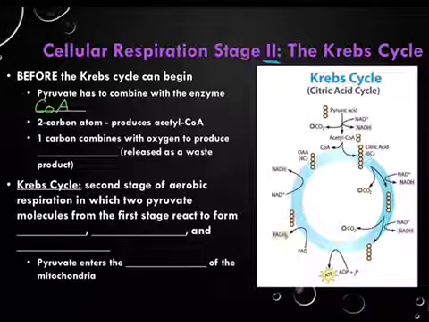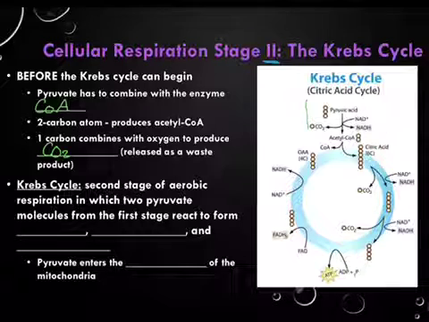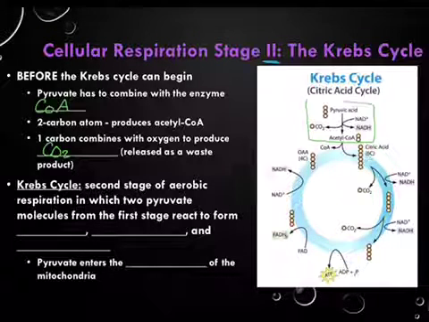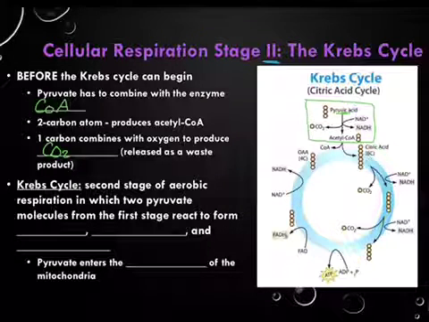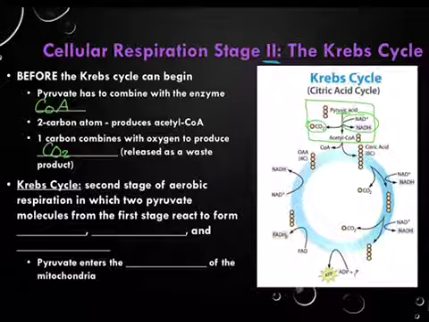And then 1 carbon atom will combine with oxygen to produce carbon dioxide. This carbon dioxide gets released as a waste product. And so we can see this beginning step right here. We take a pyruvate, or remember it can be called pyruvic acid too. We release a carbon dioxide, and look, we also make an energy molecule and acetyl-CoA.